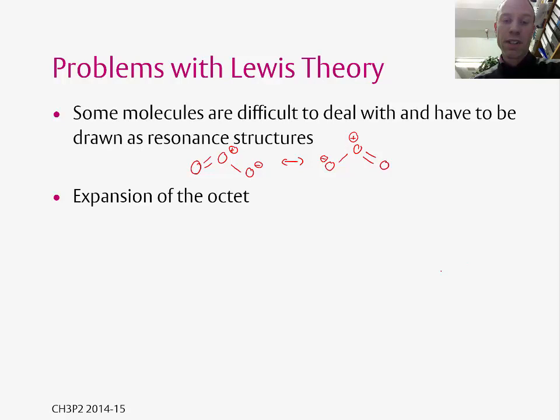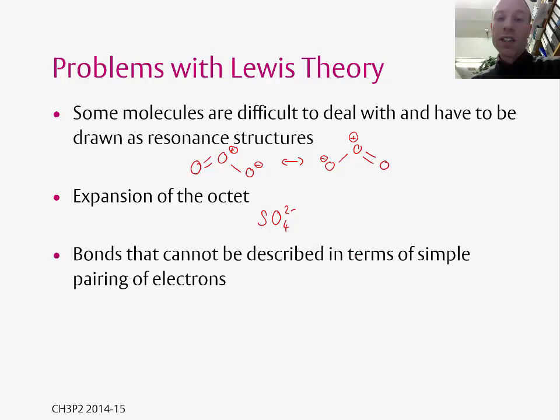There's a problem. There are also lots of molecules where the octet is expanded. So if we have the sulfate anion, SO4 2-, we've got more than 8 electrons around the central sulfur. So how does that work within this theory? It doesn't. There are also molecules consisting of bonds that cannot be described in terms of simple pairing of electrons.